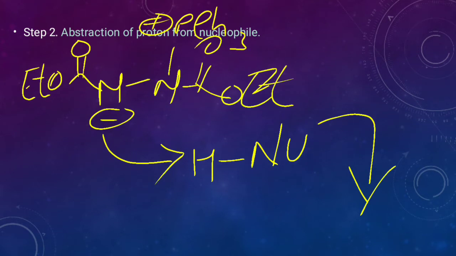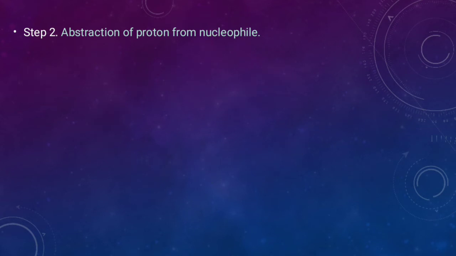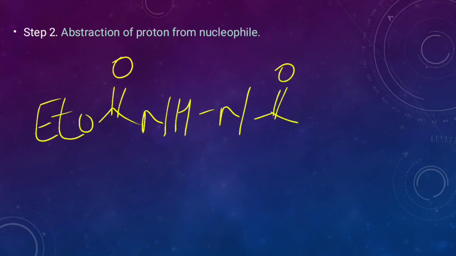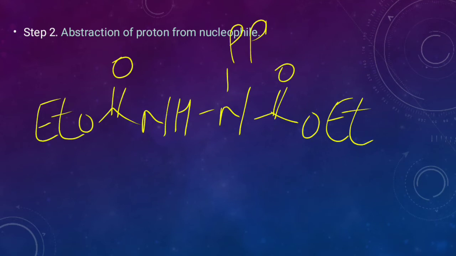Another intermediate looks like this. In this intermediate, only a positive charge is there. Now forwarding to the third step.